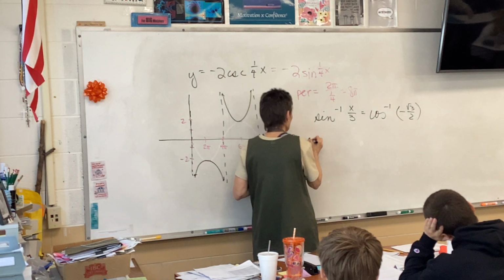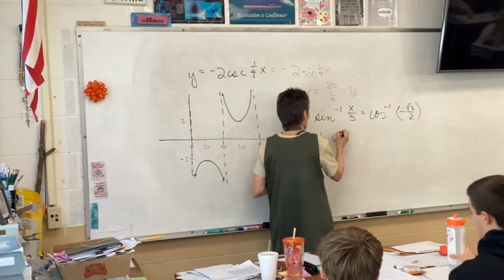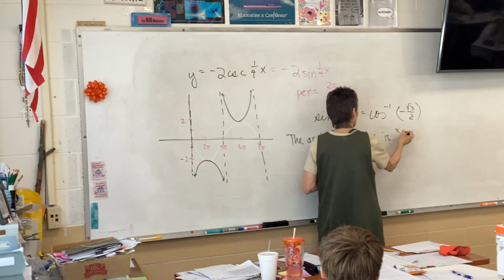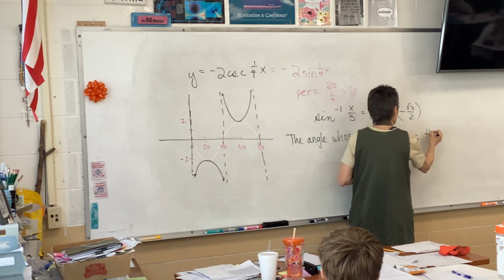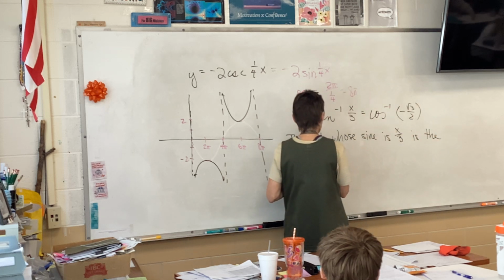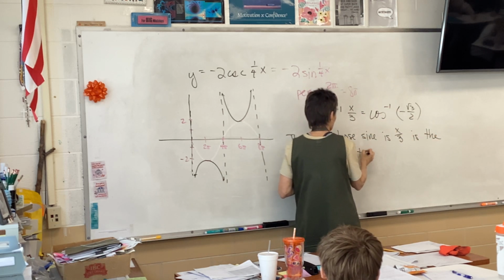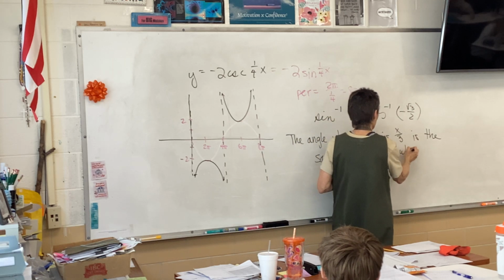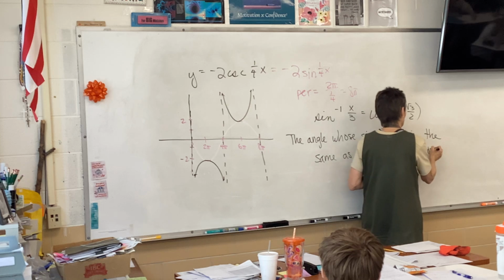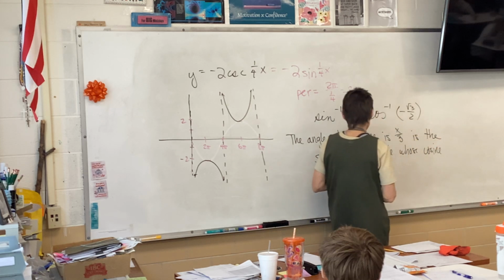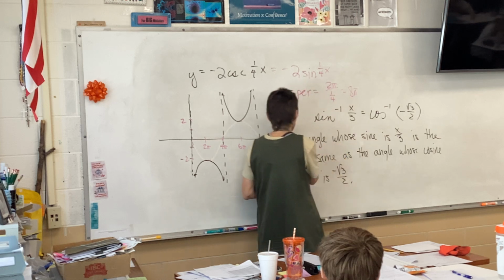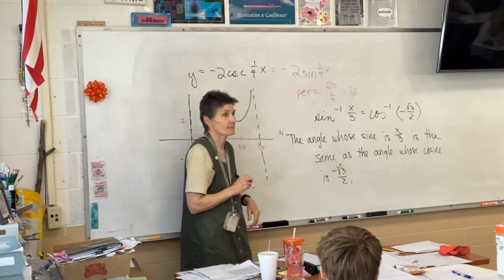The angle whose sine is x over 3 is the same as the angle whose cosine is negative root 3 over 2. That is exactly what that equation says.